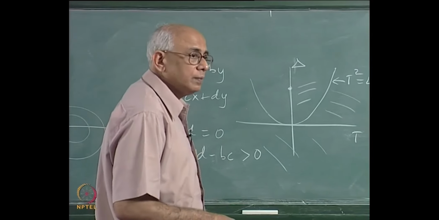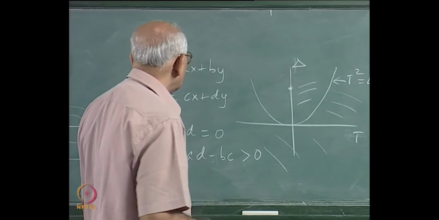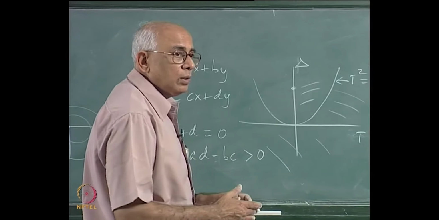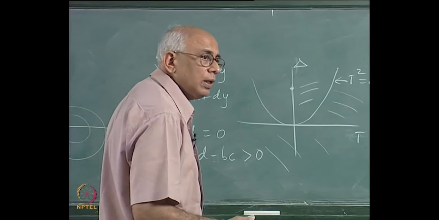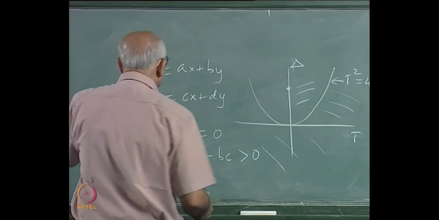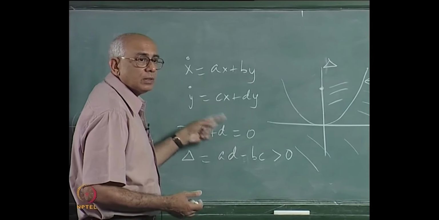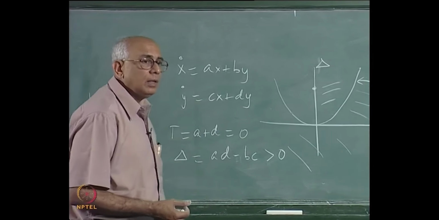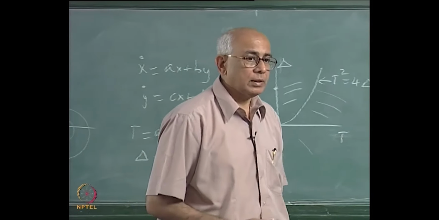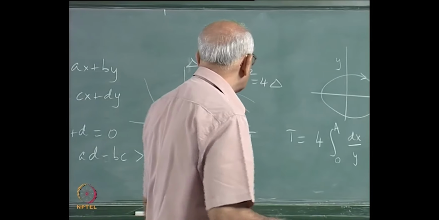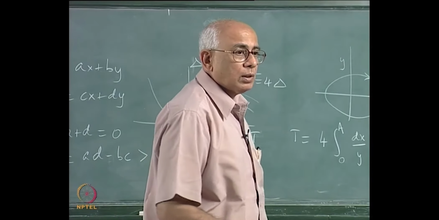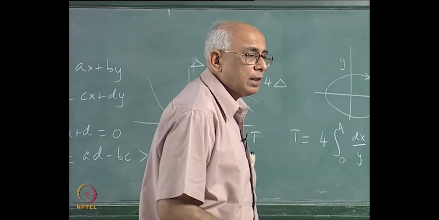You can easily integrate this to find out what the phase trajectories are, because you can eliminate one of these variables to write a second order equation in either x or y, and they are linear equations, and you can integrate these equations and directly find out what the constant of motion is in this case.